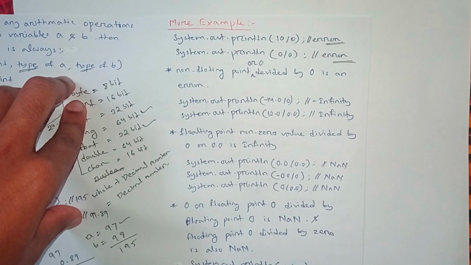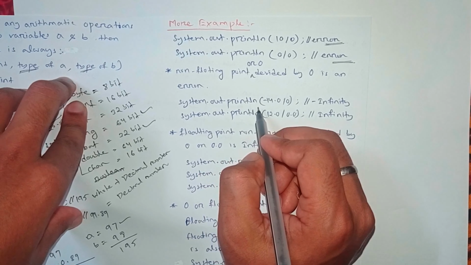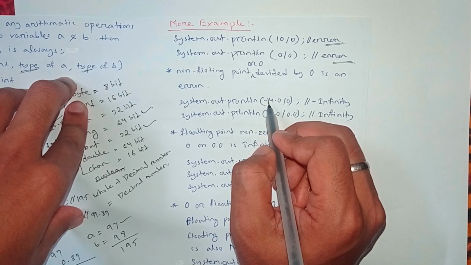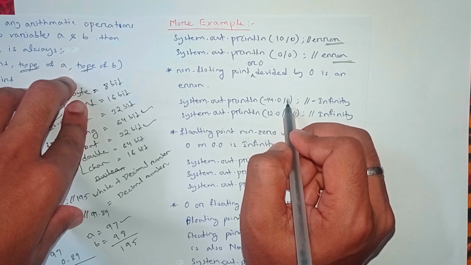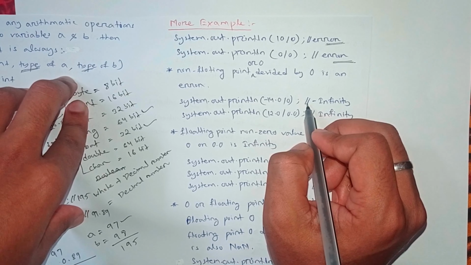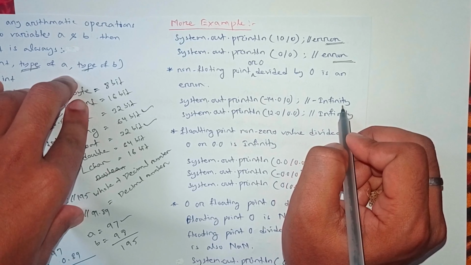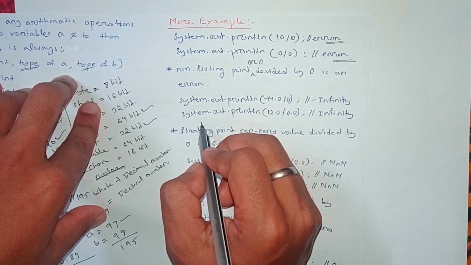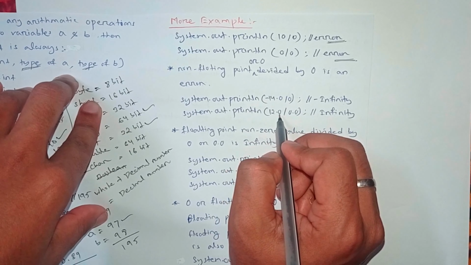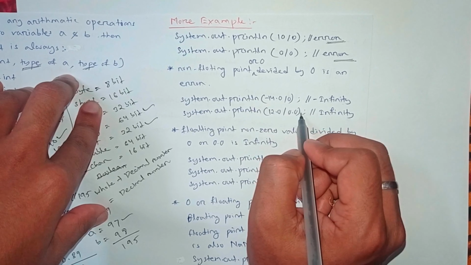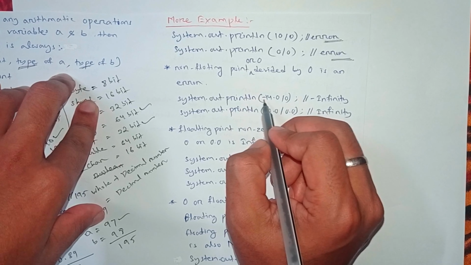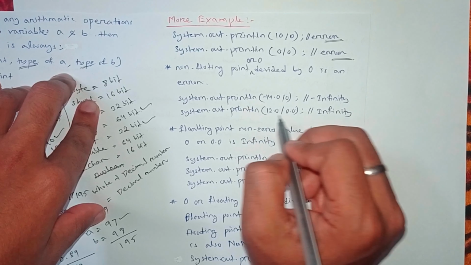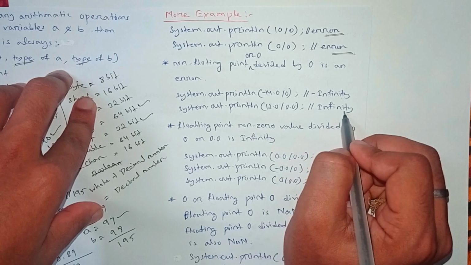Next, System.out.println(-14.0 / 0). Here the output will be minus infinity. Next, System.out.println(12.0 / 0.0). It is infinity. If it is negative, it is minus infinity; if it is positive, it is infinity.